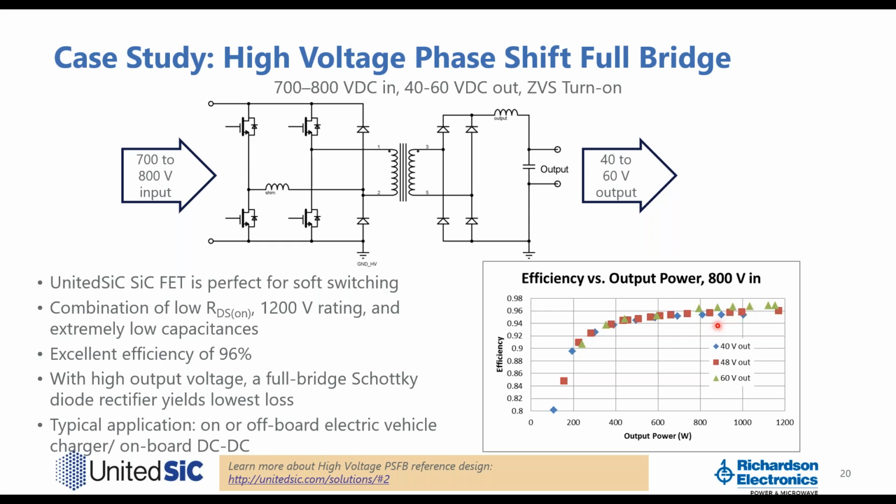And with this high output voltage, you can use a full bridge Schottky diode rectifier to get the lowest loss. So this circuit is very good for on or off-board EV charger, or it can be used for onboard DC-DC. And again, down here is the link if you would like to learn more about this high voltage phase shift full bridge reference design.